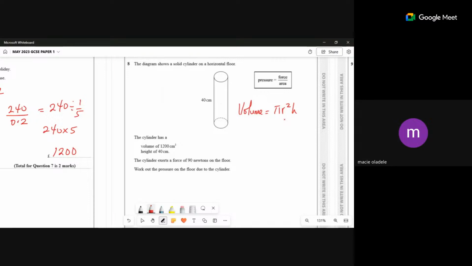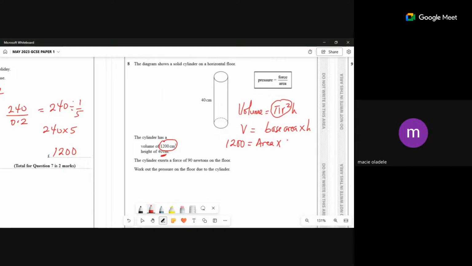And this pi r squared is the base area, times height. So what's the volume from the question? The volume is 1,200. So 1,200 equals area times what?